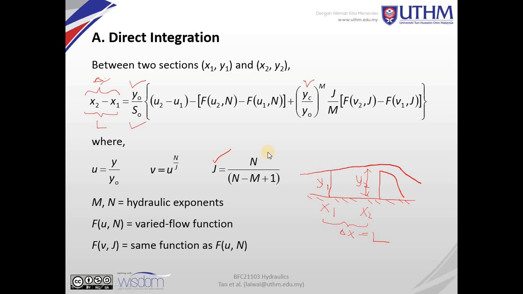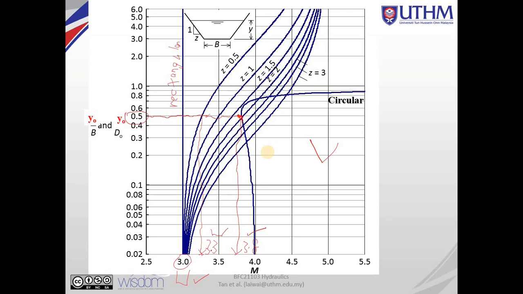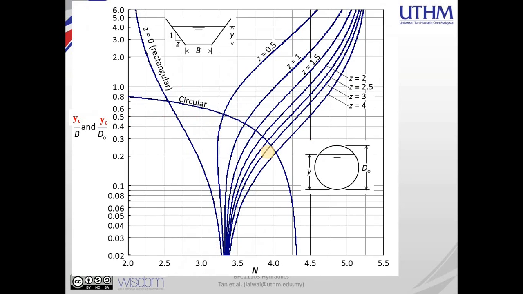However, on the y-axis information, looking at this diagram for the hydraulic exponent n, we need the ratio of y over b as well as y over d, but here y changes from Y0, used in the previous determination of the m hydraulic exponent.